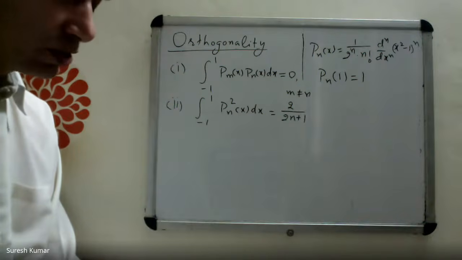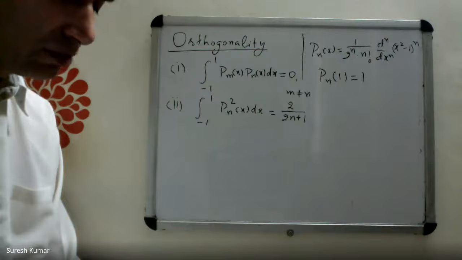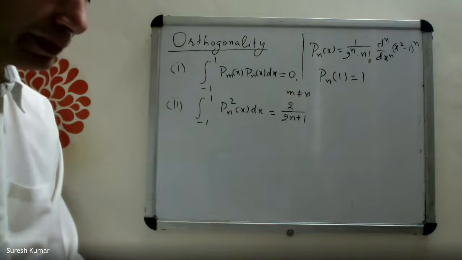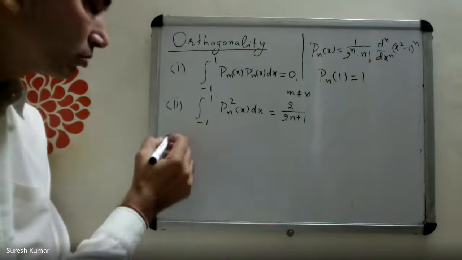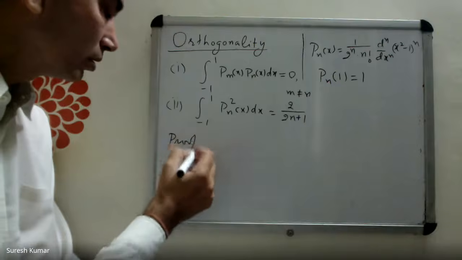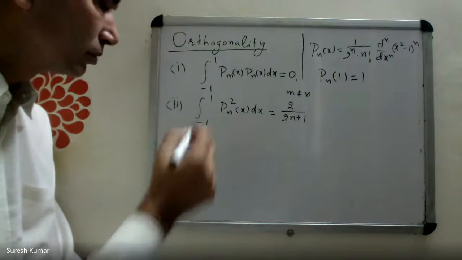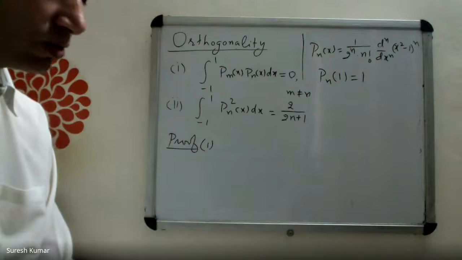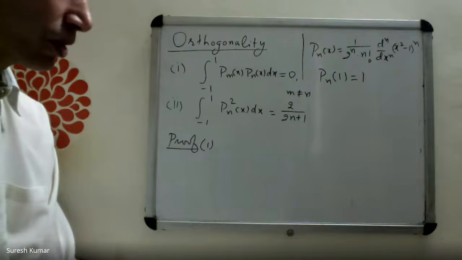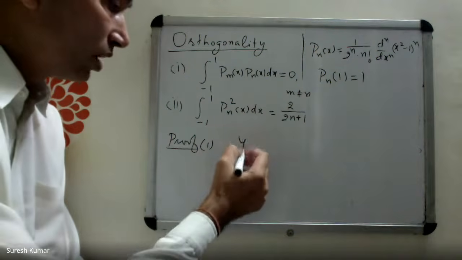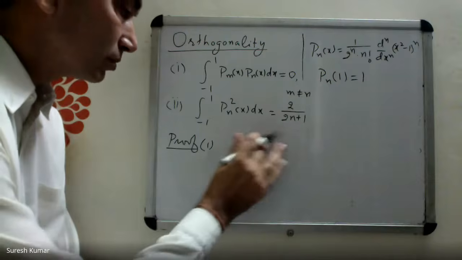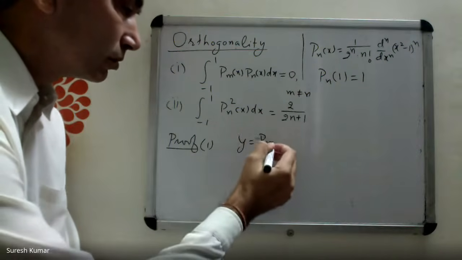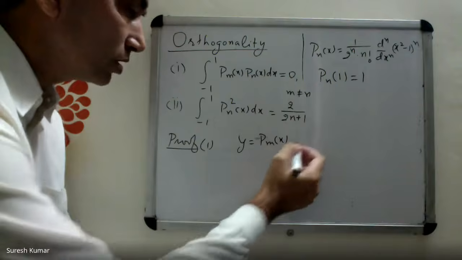See, these properties of Legendre polynomials are very, very important. Let's prove this. Proof of the first one. The proof is very simple, you just have to see the steps once. y equal to Pm(x) is a solution of which differential equation?